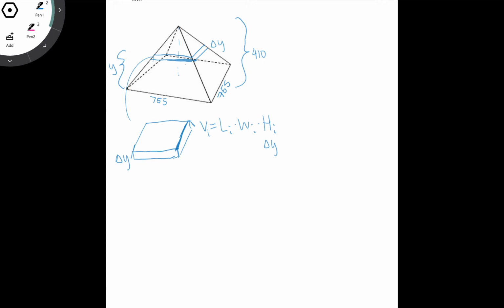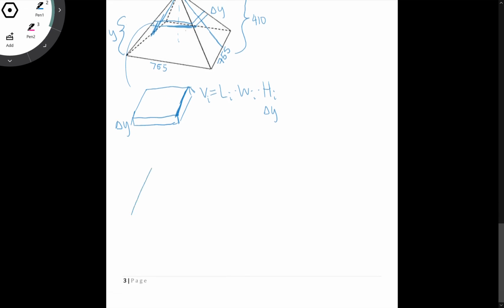What I need to know is what are my length and width, and they should be the same. This should be a square slice with a little bit of thickness to it. And how do they relate back to y? So here's the part where we want to look at this pyramid and make this 3D picture 2D. We're going to take a knife and set it right on the very tippy top of that pyramid, and cut straight down so that we cut these two side faces exactly in half.